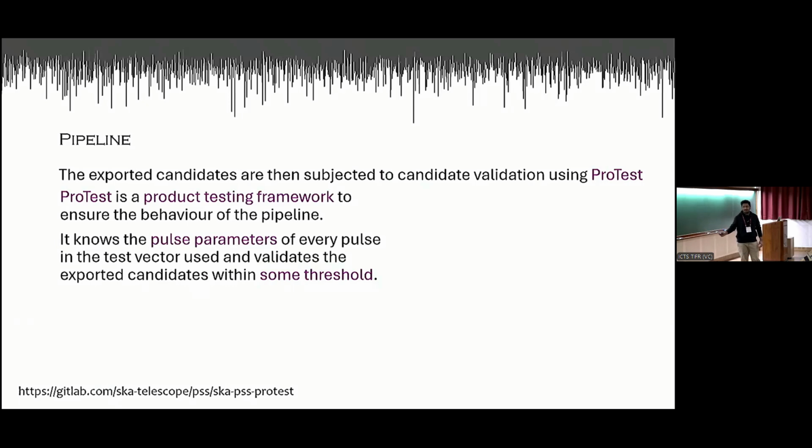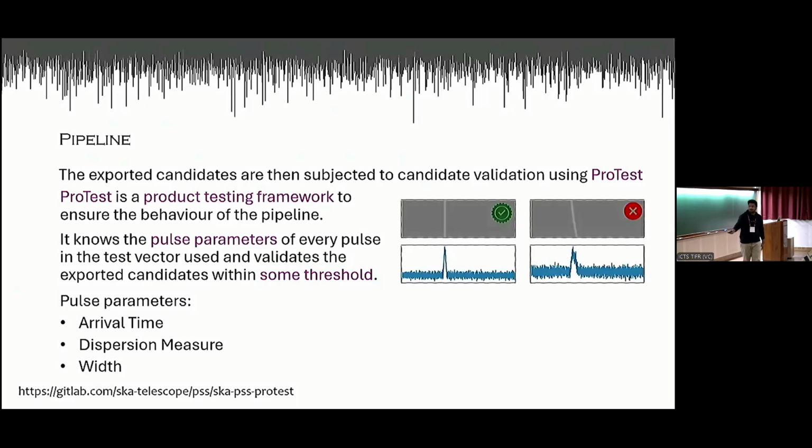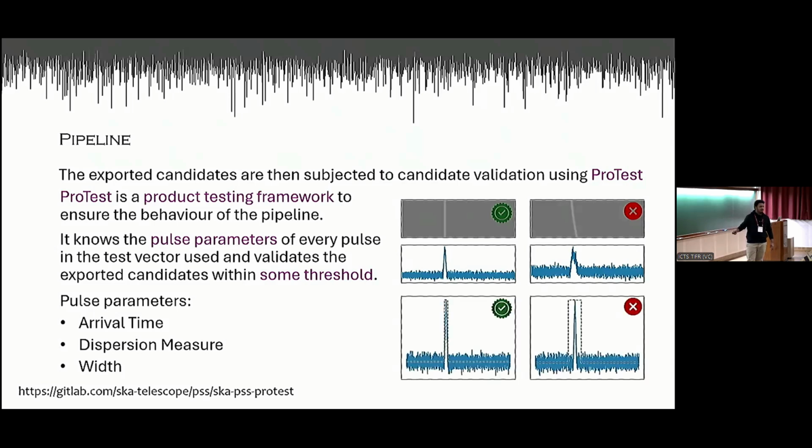It knows the pulse parameters of every pulse, and then applies thresholds based on those parameters to see if that's the exact pulse that was injected. We have the arrival time, dispersion measure, and width of the pulse. For example, something like this would be right because it's de-dispersed at the right DM, and this would be wrong. And the same goes for the boxcar filtering: whether the matched boxcar is right or not.